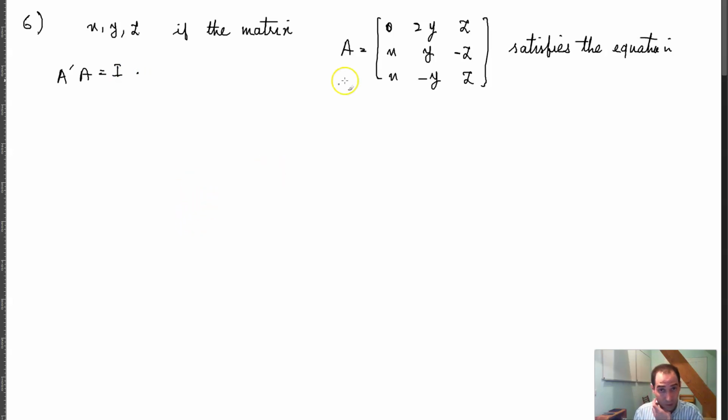So now I can calculate A prime here, of course. So A prime would be equal to this matrix. This is A, so A prime would be 0, 2y, and z. This row becomes a column: x, y, negative z, and x, negative y, z.